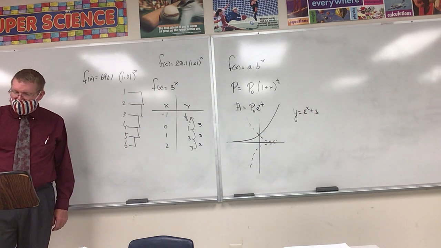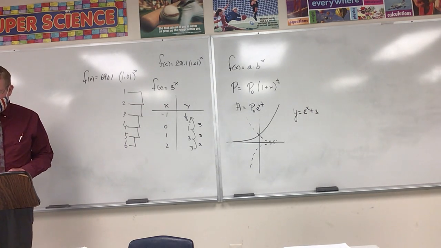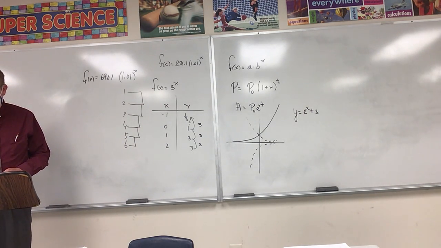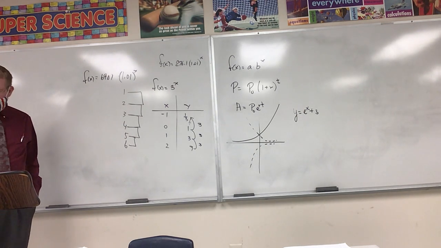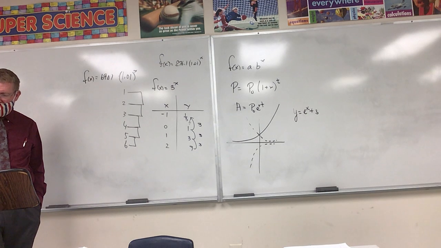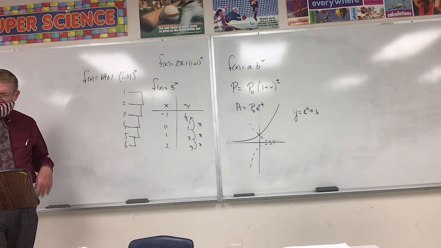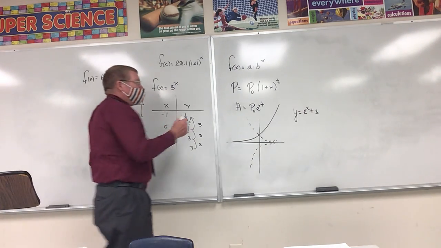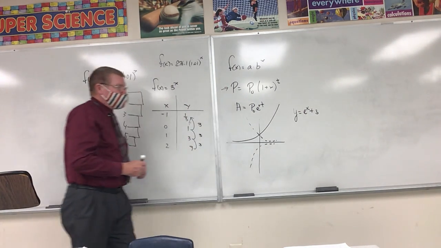Alright? Let's look at number 22. The population of Silver Run in the year 1890 was 6,250. Assume the population increased at a rate of 2.75% per year. Estimate the population in 1915 and 1940. Alright, so we're gonna use this equation.